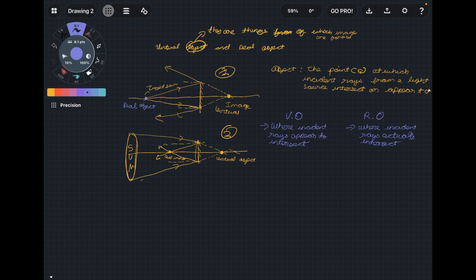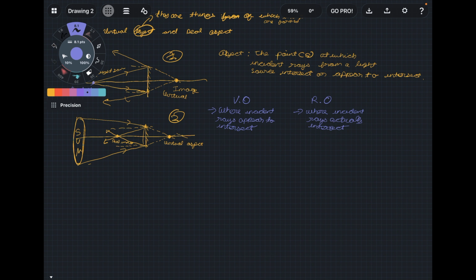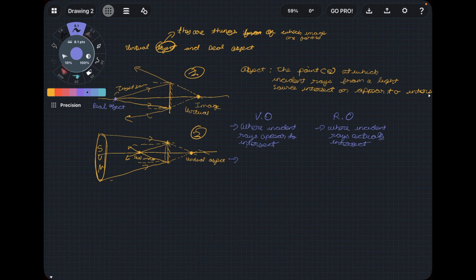And in the case of a plane mirror, we can take out three other points. The first point: for a virtual object, it is formed behind the mirror.